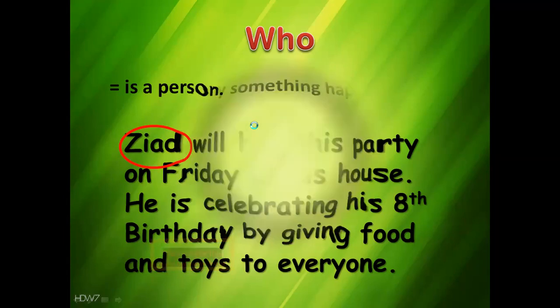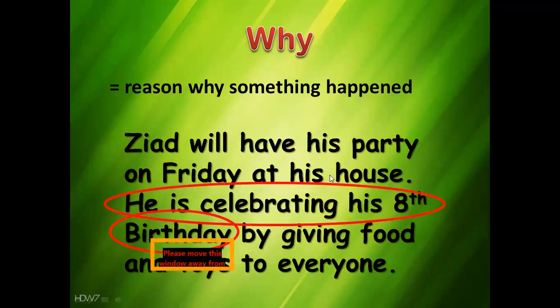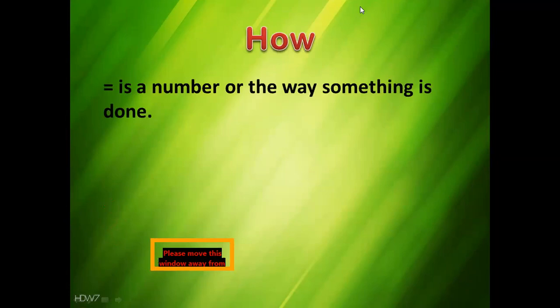Ziad is giving a party. Why means reason, why something happened. Celebrating his 8th birthday. Why is he giving the party? He is celebrating his birthday. And last, how means how many, numbers, or how something is done.